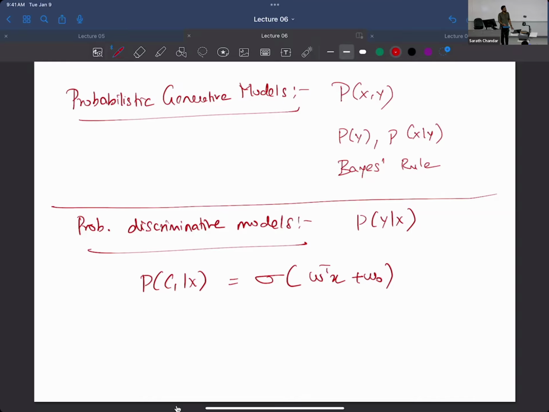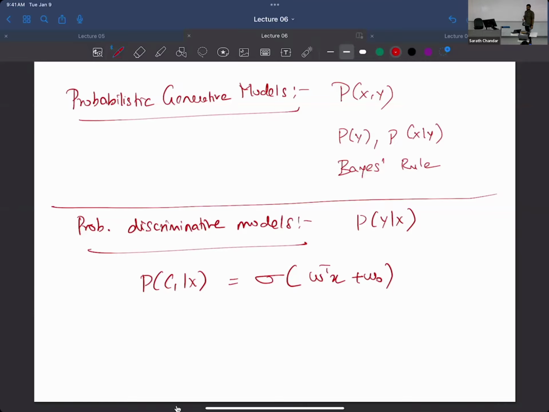So this is one of the reasons why I did those complex derivations to fit GDA like this. When we did GDA, if you remember the final equation of GDA, it was sigmoid of W transpose X plus W0. However, W and W0 were functions of mu, sigma, and all those things, right?